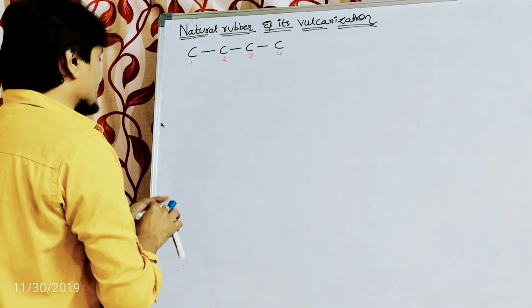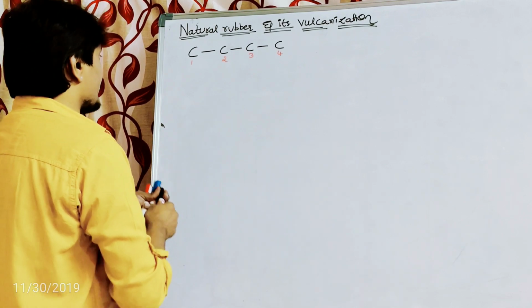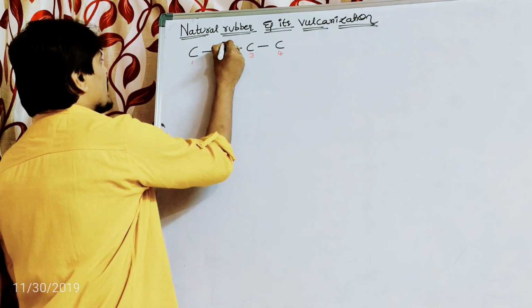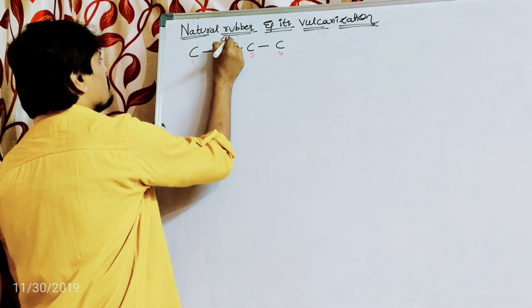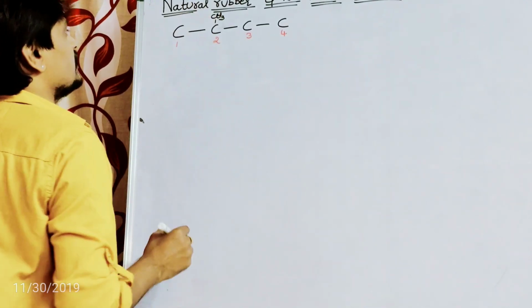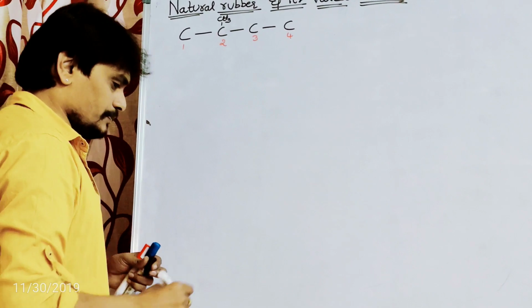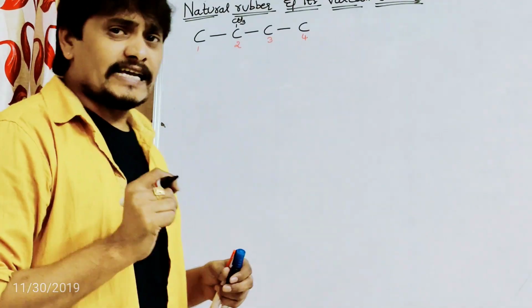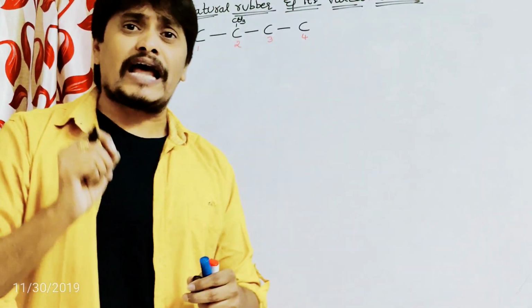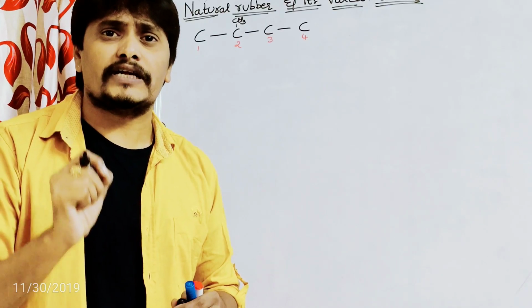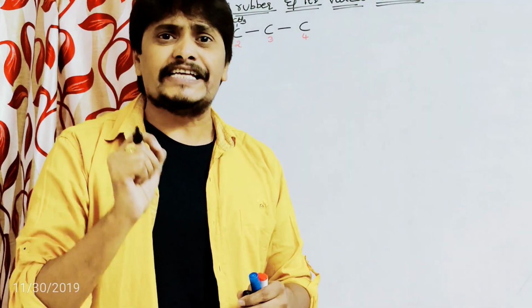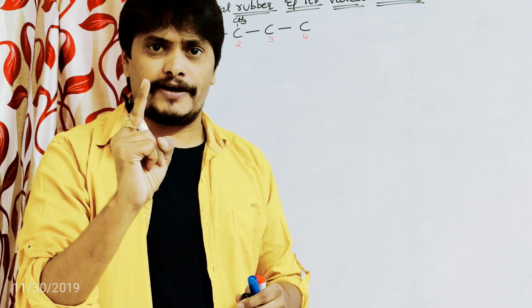As it is 2-methyl-1,3-butadiene, at the second position we have to place a methyl group. And as it is butadiene, it stands for double bonds. Diene stands for 2 double bonds, right?